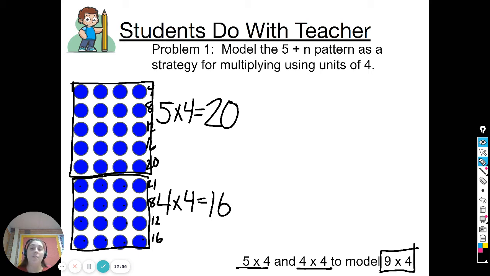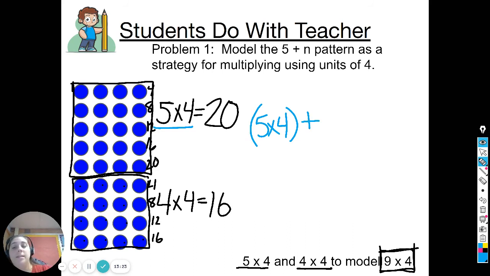All right, so let's continue. We have the answer to the top array. We have an answer to the bottom part of the array. Now we need to put them together to figure out what this 9 times 4 is altogether. So let's take our first equation, 5 times 4. Put that in parentheses.